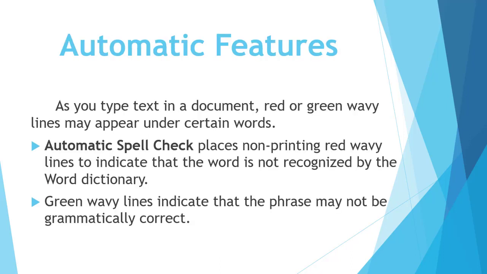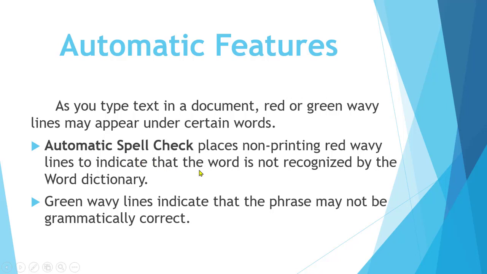Okay, our today's lesson is about automatic features of Microsoft Word 2003. Students, as you type text in a document, red or green wavy lines may appear under certain words. These red lines represent that there is some spelling mistake in your document, and the green wavy line shows grammatical mistakes in your document.